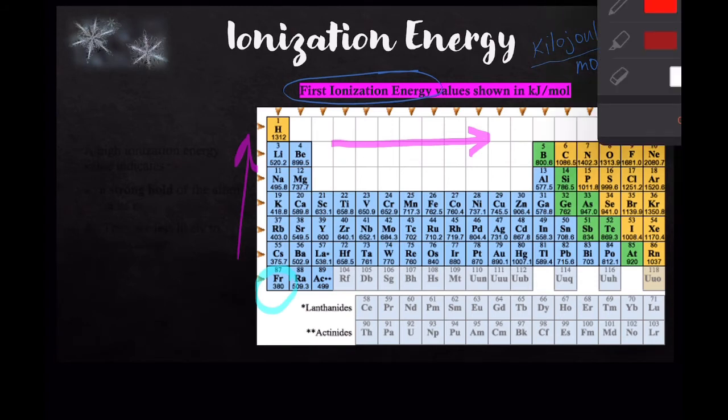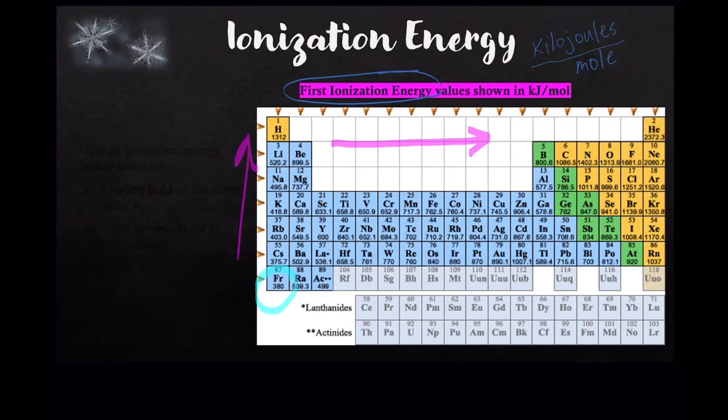Francium's ionization energy is 380 kilojoules per mole. Versus, if we're looking within the same group, hydrogen. Hydrogen's ionization energy is 1,312 kilojoules per mole. See how that's significantly higher?